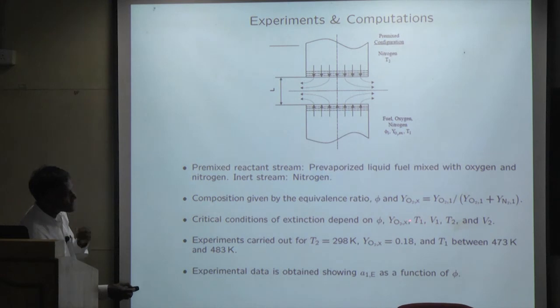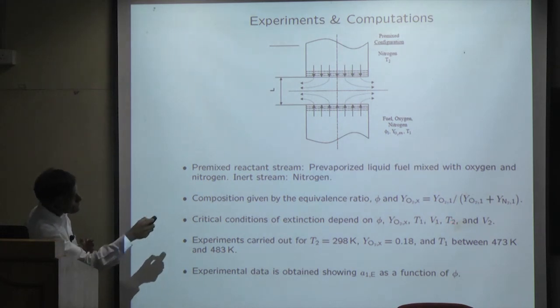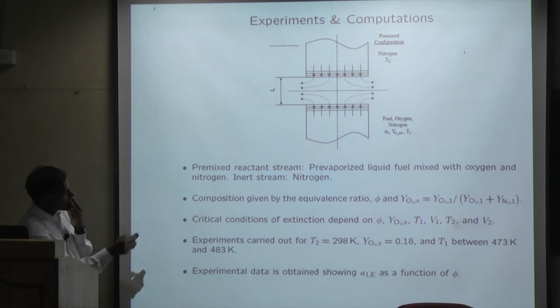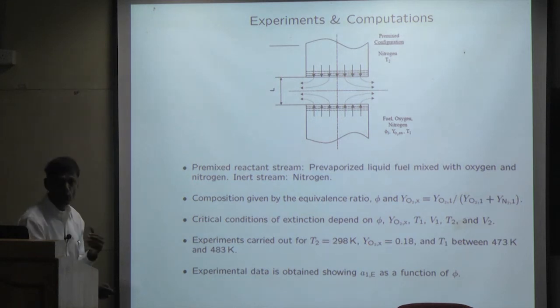T1 is the temperature of the fuel stream. T2 is the temperature of the oxidizer, nitrogen. V2 is the injection velocity. The experiments were carried out at T2 of 298, so the nitrogen came at that temperature. YO2x means this is diluted air.